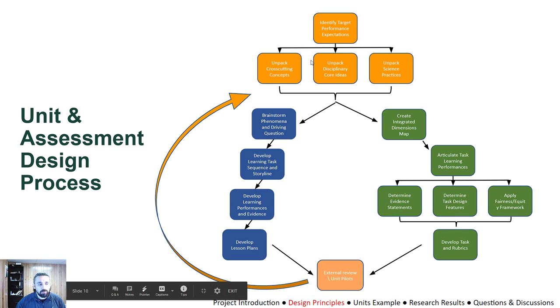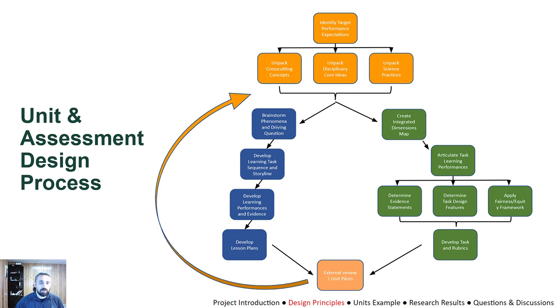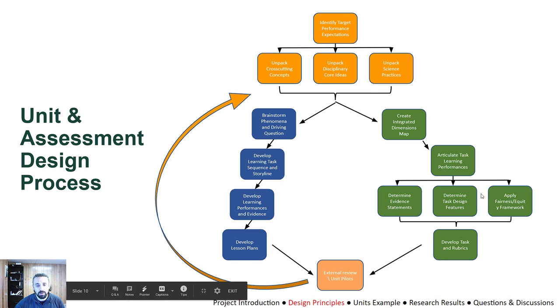This figure shows the design process for our units and our assessment. I don't want to get into the details of this figure. I just want to show you that we have a systematic way of starting from a performance expectation all the way down to an assessment task, denoted here in green, or an actual curriculum in blue.